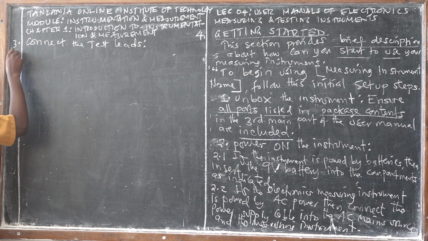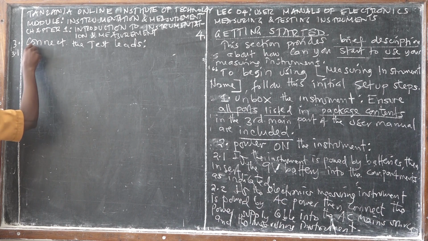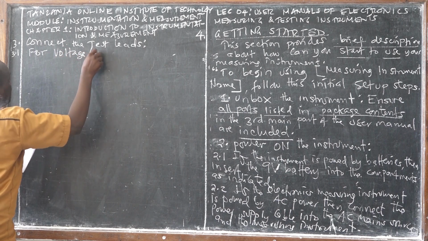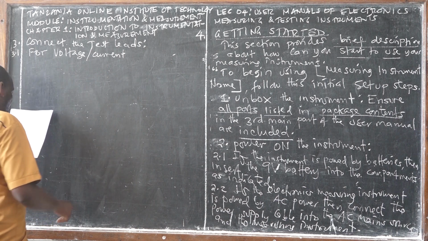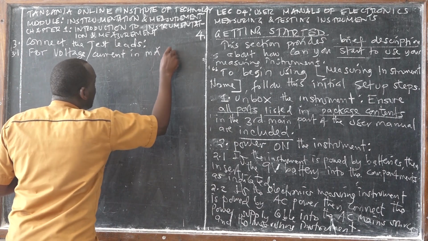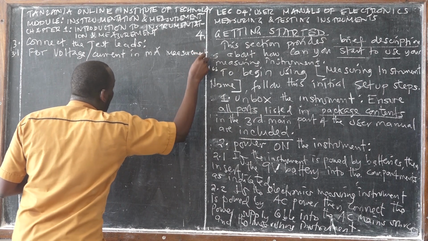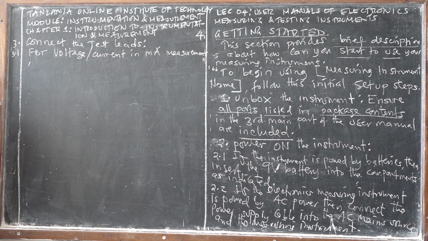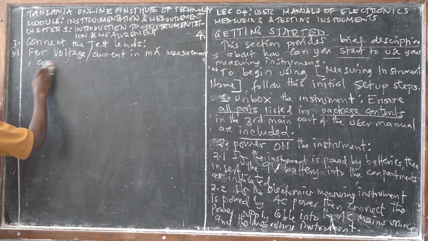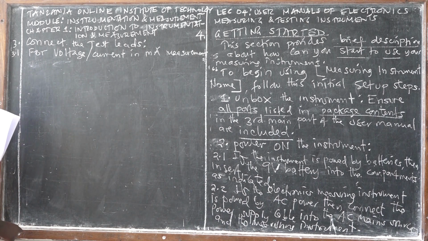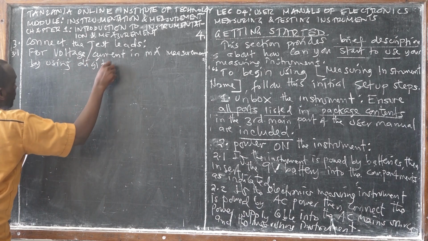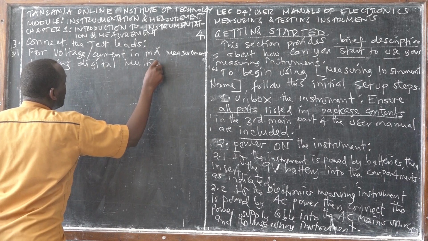The manufacturer will teach you in this style, so you'll find the sentence: for voltage or current in milliampere measurement. Let's say for the digital multimeter, we take just a simple example.